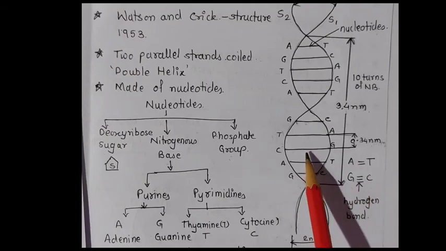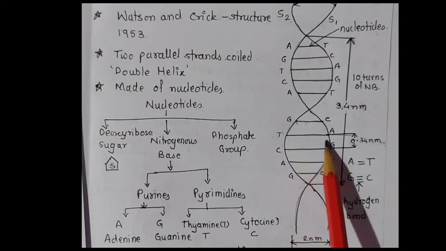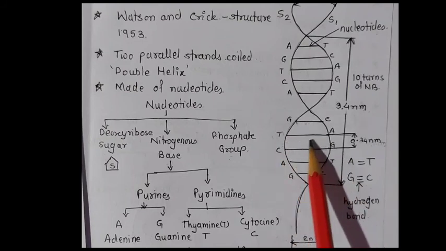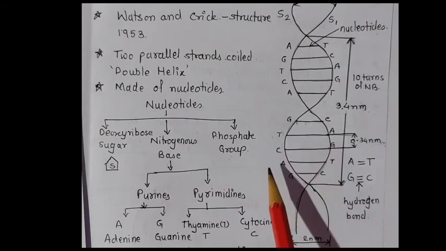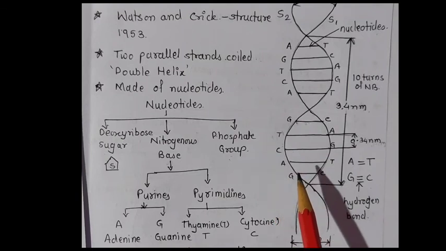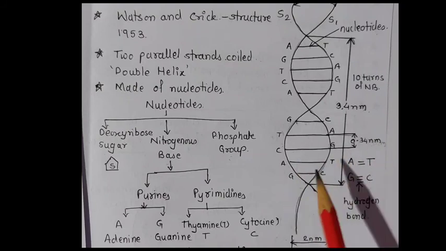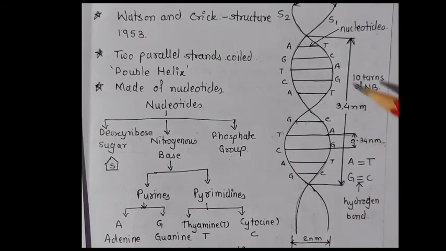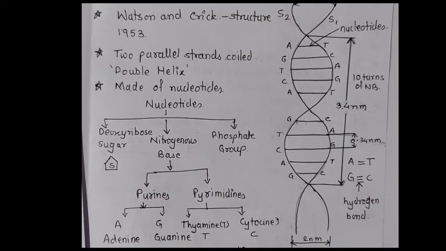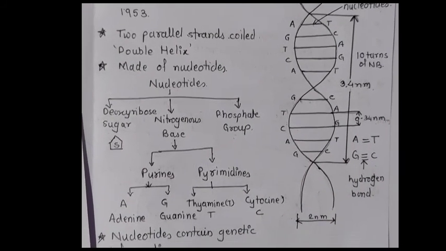Like this pairing you will get, and in this only the genes are present, and that is determining the color, structure, shape, size of the coming offspring. Whosoever will be formed, if a new formation takes place, then genetic information is contained in these nucleotides. So this is the structure of DNA. DNA consists of nucleotides, as I told here.